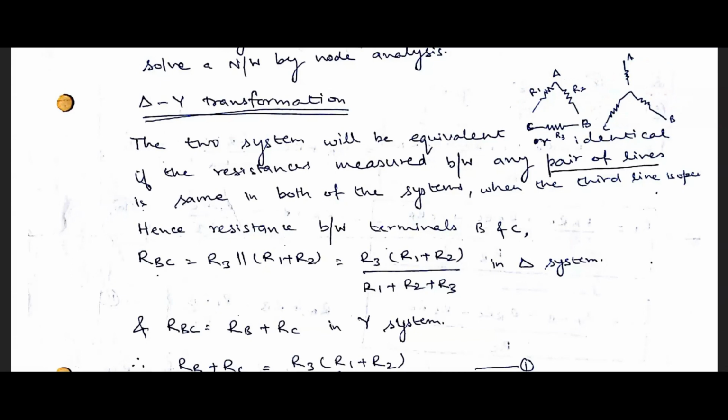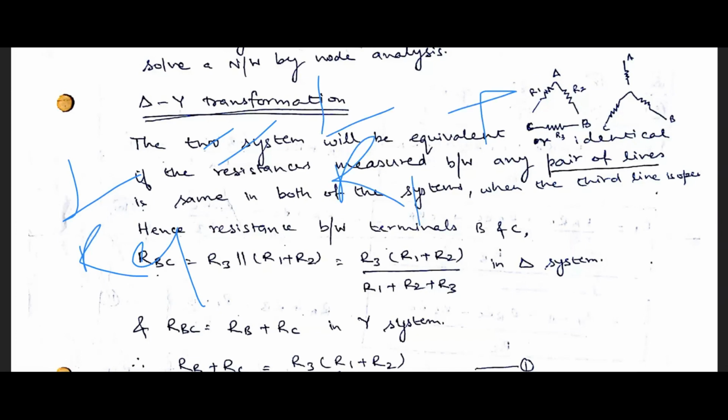Now we have to calculate the RBC resistance in both cases, in star and delta, and equate them. Okay. So first of all, we will take the delta case. Here R3 is in parallel with R1 plus R2. So we can apply the parallel formula. 1 upon R equivalent is equal to 1 upon R1 plus 1 upon R2.